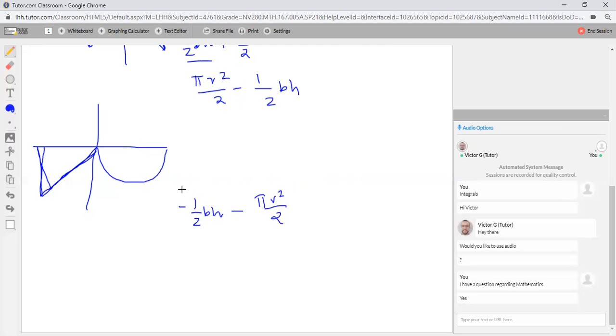Then everything is negative since everything is below the x-axis. And b would equal, in this case, if I were to have 1, 2, 3, b would equal 3 and not negative 3. Yeah. The length is always positive. There's no way the length is negative. Okay. Because what does it mean to have a negative length, right?